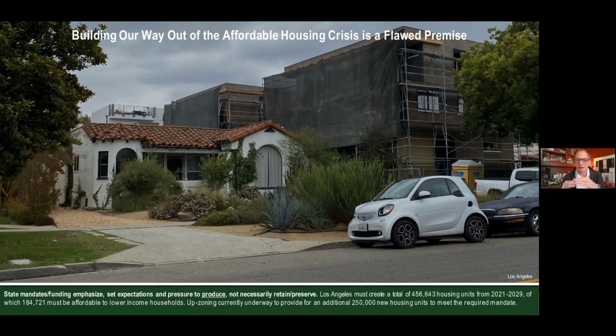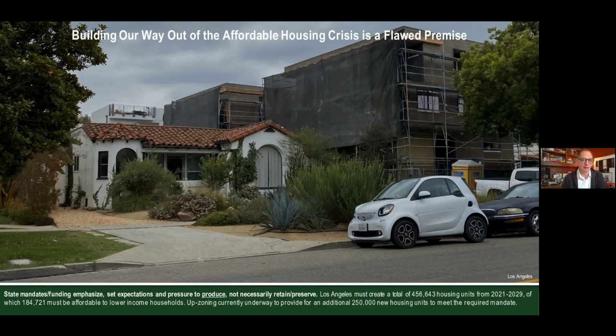In Los Angeles and in California overall, there are regional housing mandates that set the number of housing units that need to be created over a period of time. So you see here, in Los Angeles, we need to create about 456,000 new housing units between 2021 and 2029. A percentage of those, 184,000 plus, must be affordable.